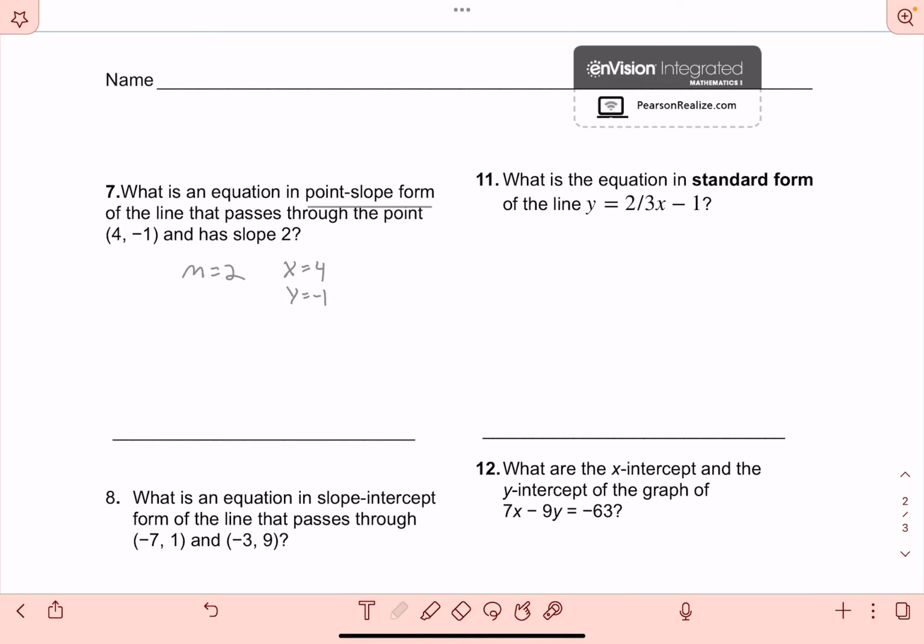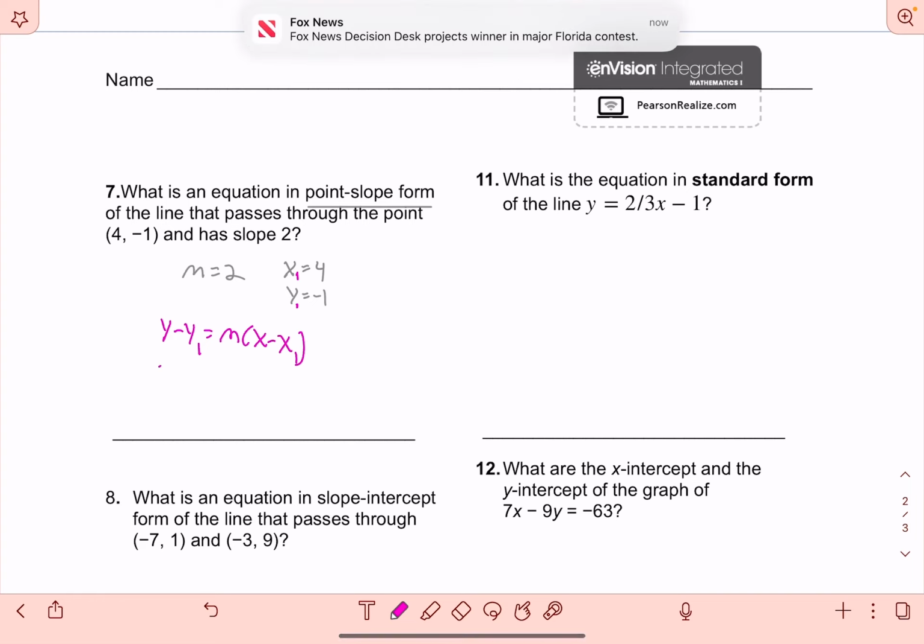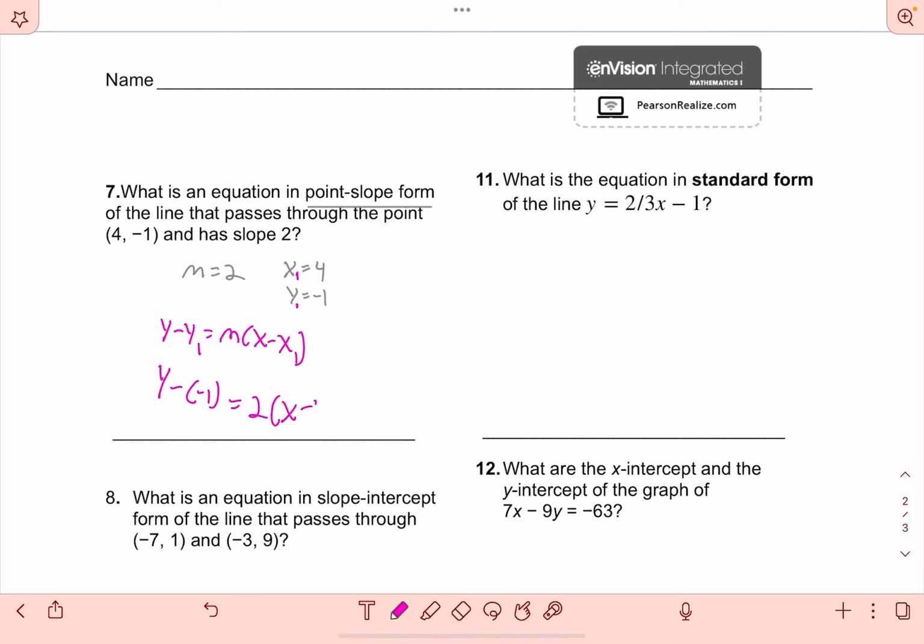Remember, point slope form is simply y minus y1 equals m times x minus x1. Should have said x1, y1, because that's the values of the point. So it'll be y minus -1 equals 2, parentheses, x minus 4. And that's point slope form.